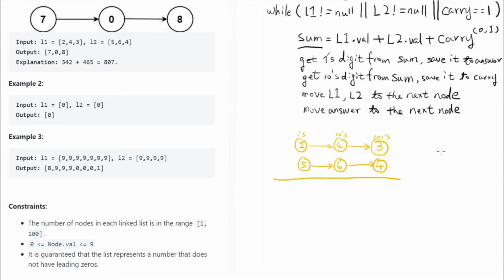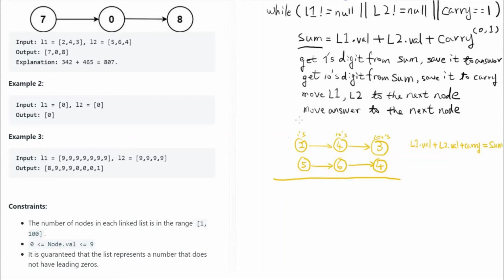And here we have our formula, the value from the list number 1 plus the value from the list number 2 plus carry equal to sum.